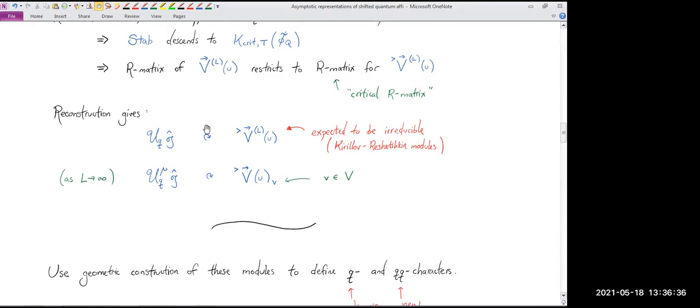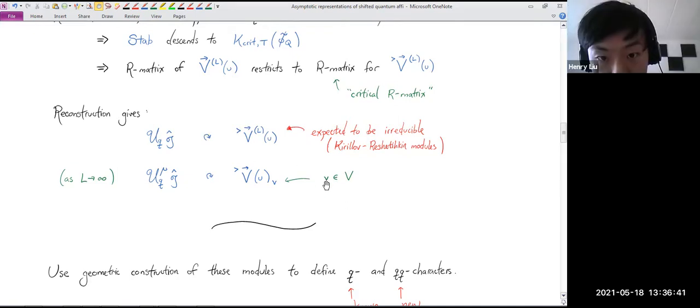I'm sorry, what is the geometric meaning of this small v? Of the small v?